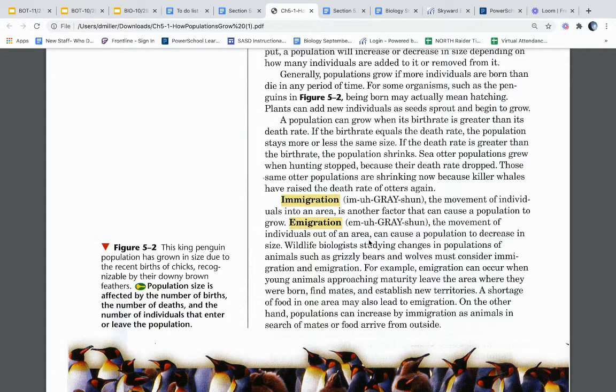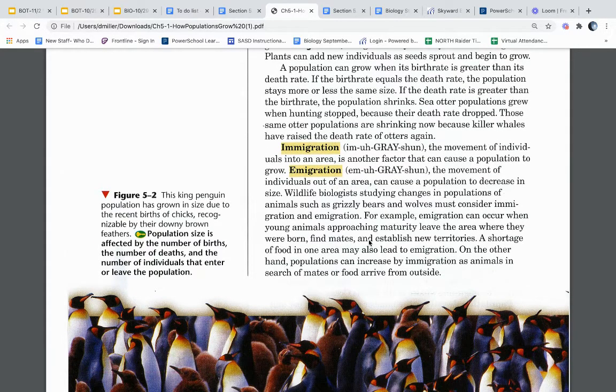Plants can add new individuals as seeds sprout and begin to grow. A population can grow when its birth rate is greater than its death rate. If the birth rate equals the death rate, the population stays more or less the same size. If the death rate is greater than the birth rate, the population shrinks.